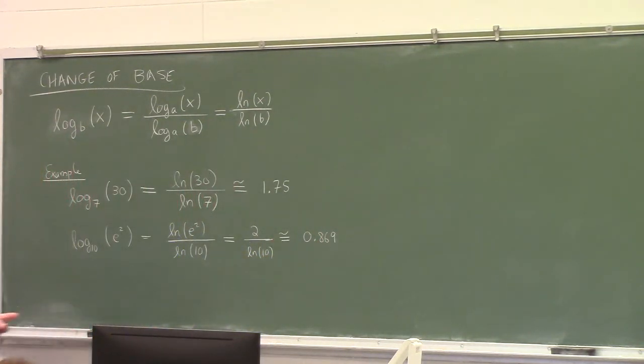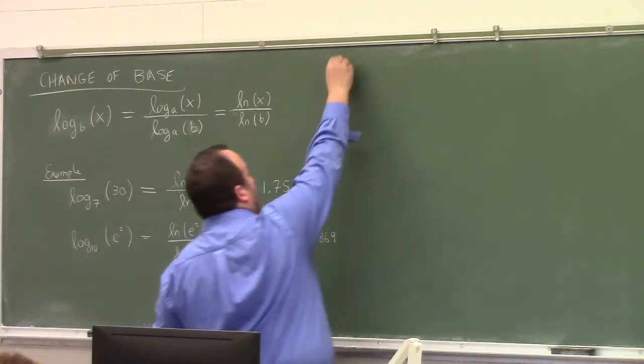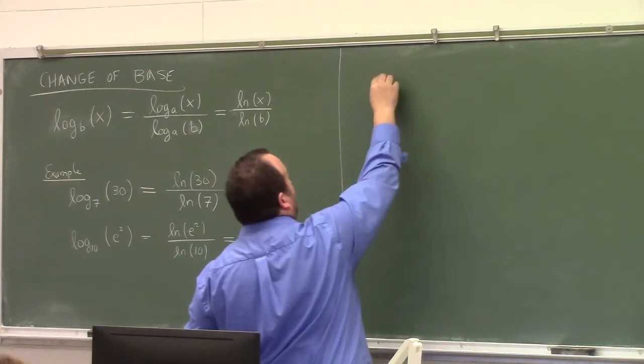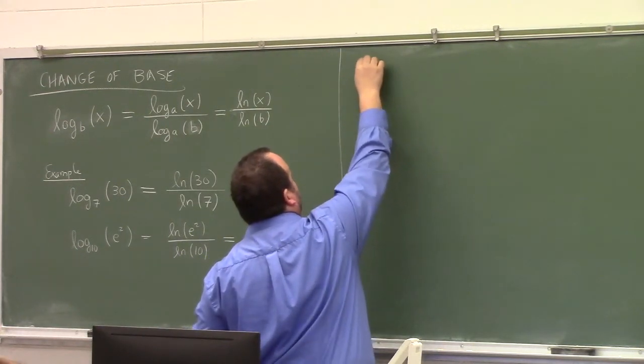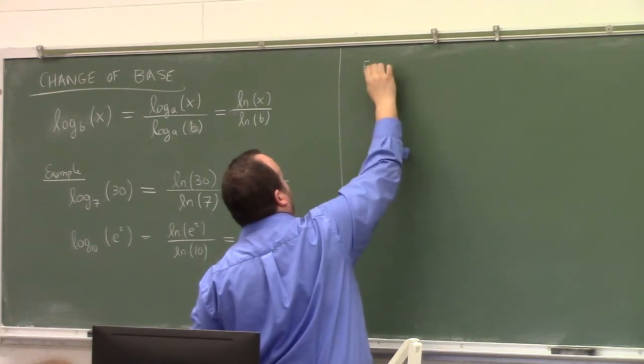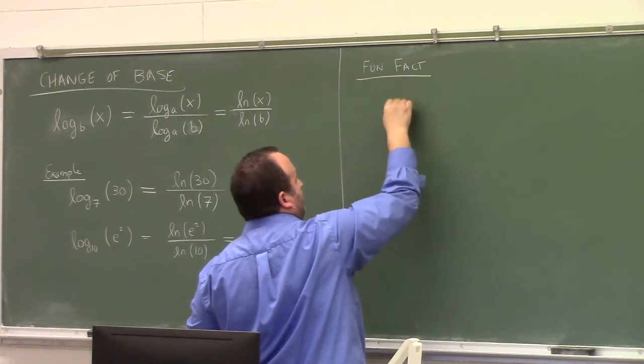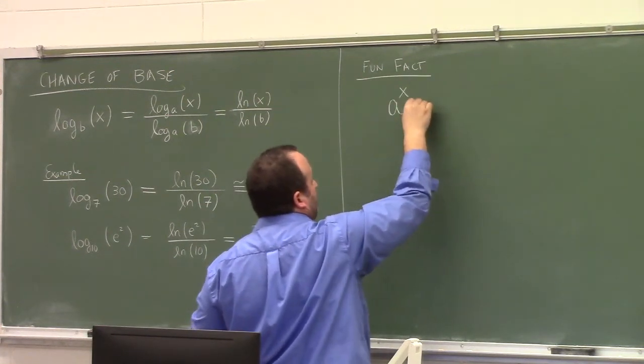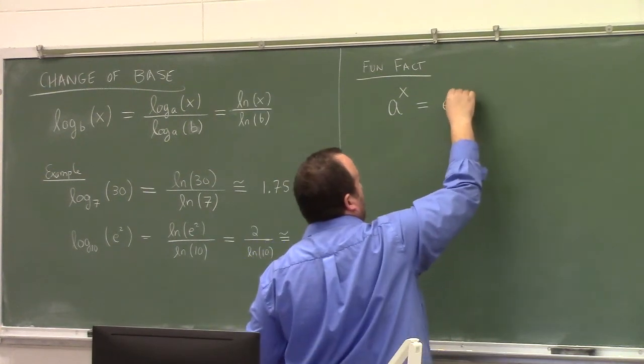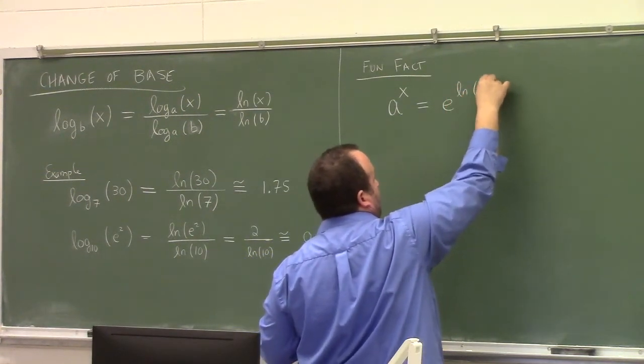Okay, so the change of base formula is useful to know about. It's a good tool to have in our toolbox. This is how we change base for logarithms. There's also a similar kind of trick we can do. Here's a fun fact: a to the x, we can trade for e to the natural log of a to the x.